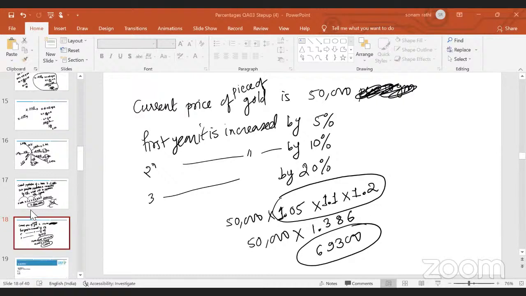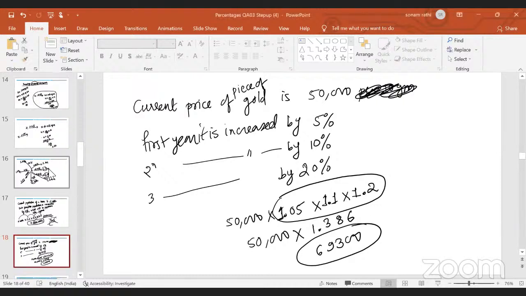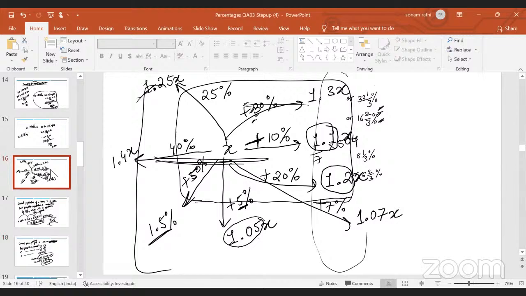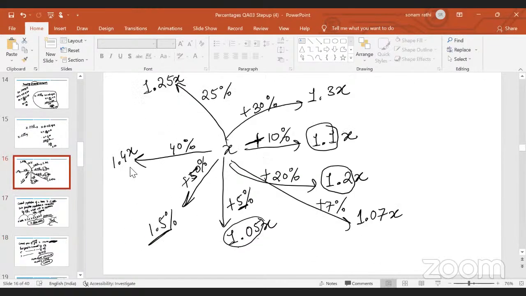Wait, I'll show you the chart. Here is the chart. All right, thank you.